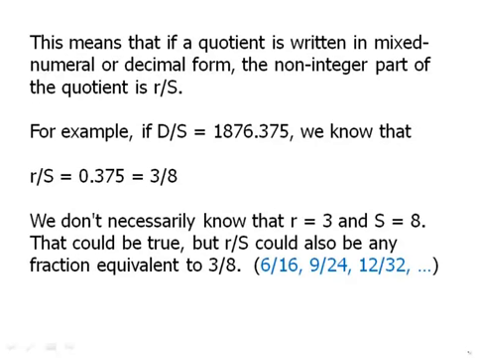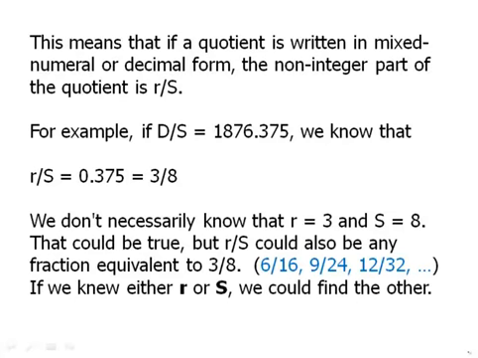That could be true, but R over S could also equal any fraction equivalent to 3 over 8. So it could be 6 over 16, 9 over 24, 12 over 32, etc. So all we have here is ratio information. We know that the ratio of R over S equals 3 over 8. And if we knew either the remainder or the divisor, we could find the other.